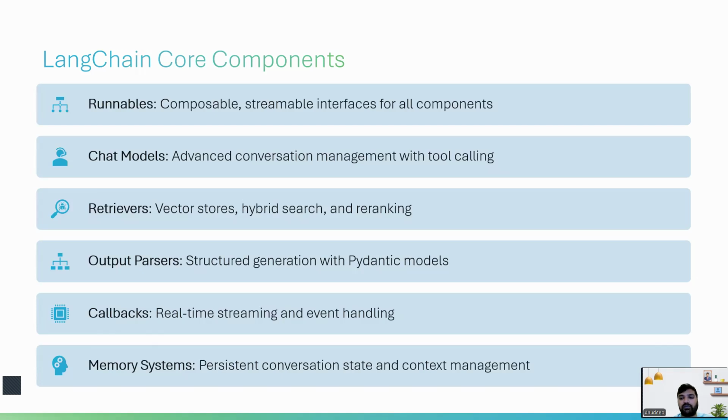The memory systems are particularly sophisticated now, and your chat history can be persisted and stored, and you can utilize that chat history to follow conversations. So this is a huge thing that has come out. Let's talk about Hugging Face, which we want to use for embeddings.